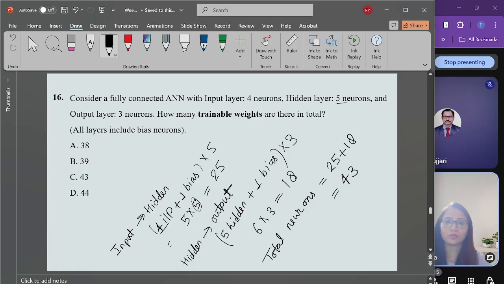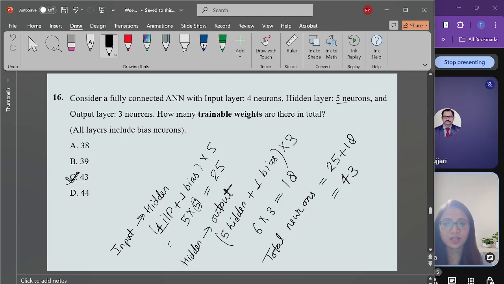So the total trainable weights are 43 in the fully connected ANN. So option C is the correct answer for this question.